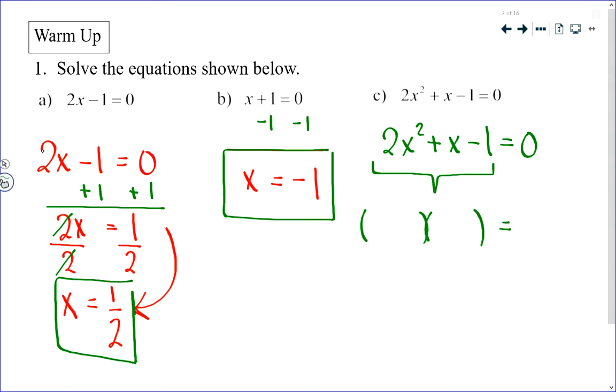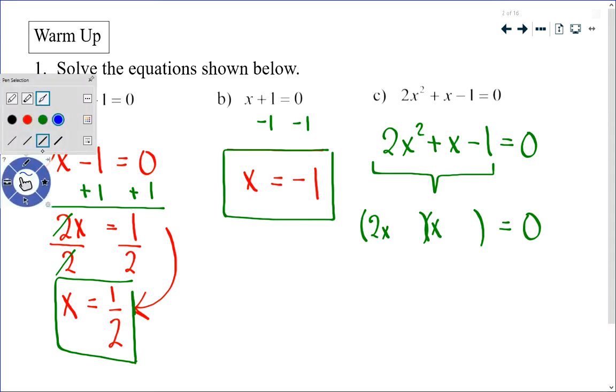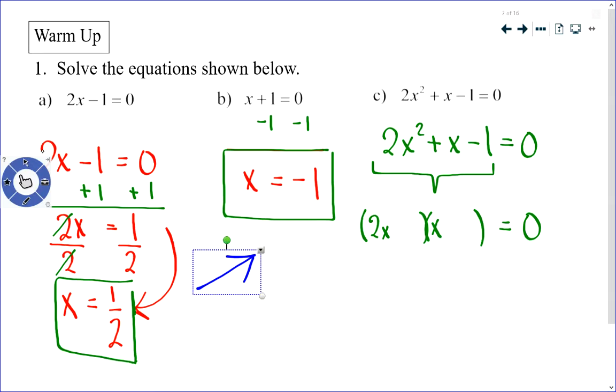And I'm not going to spend a bunch of time in this video reviewing factoring. I'm going to talk my way through this, but I'm not going to write down a lot of details. This is going to factor into two binomials, and the first term in each binomial must be 2 and 1 for the simple fact that this multiplied by this when you FOIL it out has to give you 2x squared.